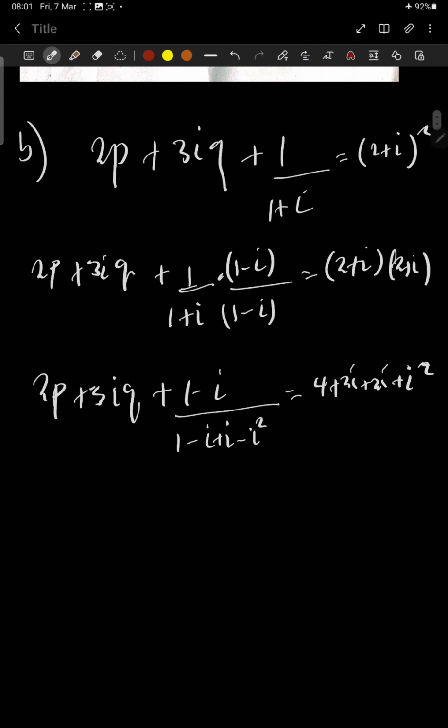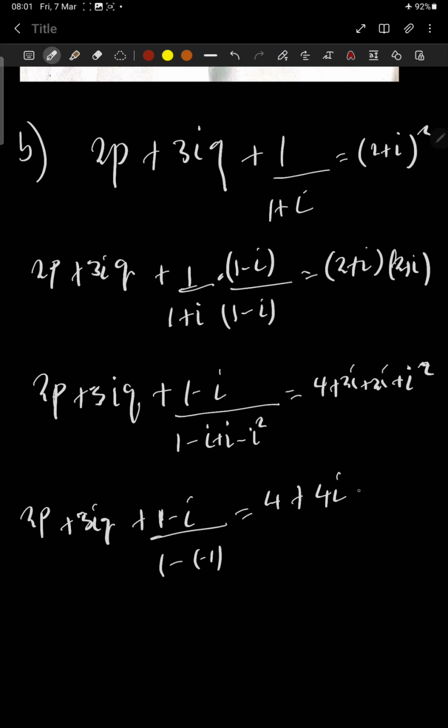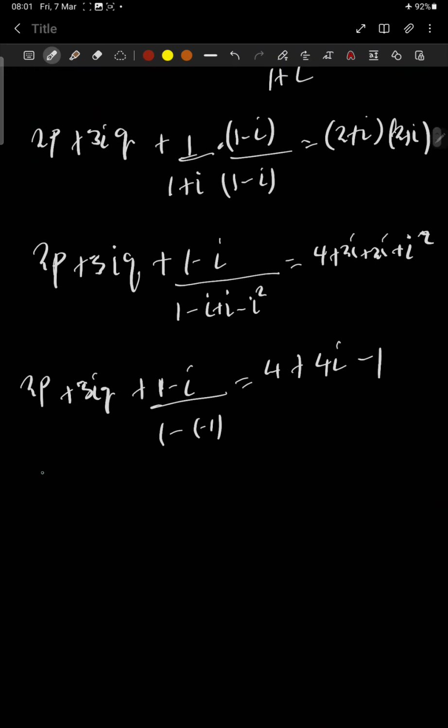Okay, so this will be 2P plus 3IQ, right, plus 1 minus I over 1 minus negative 1 equal to 4 plus 4I, then minus 1, because I squared is negative 1.